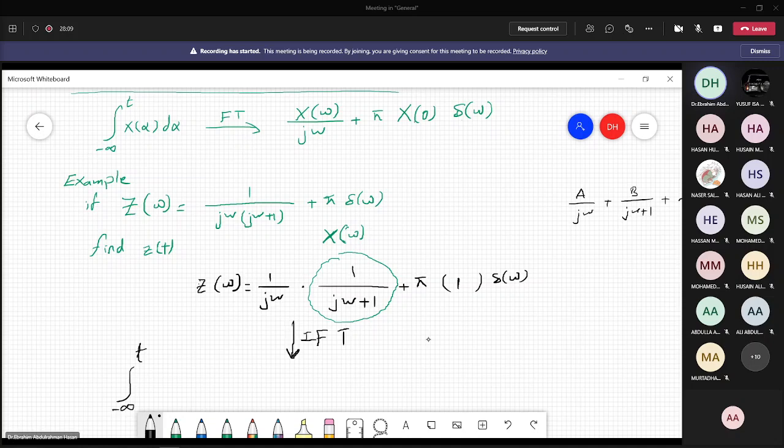So this is X of omega, then x of t is the e of this. It is e to the power of minus t u of t. So then it is e to the power of minus alpha u alpha d alpha.